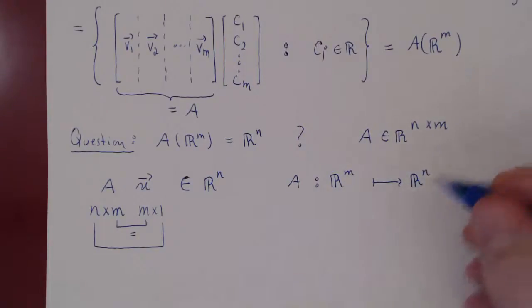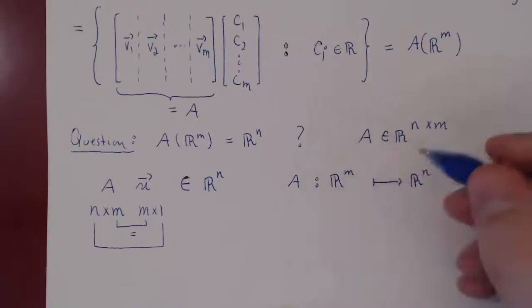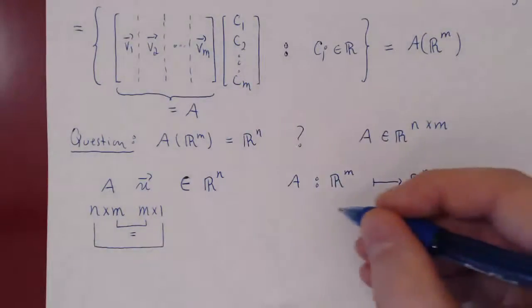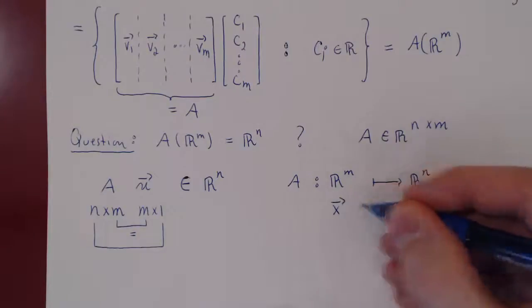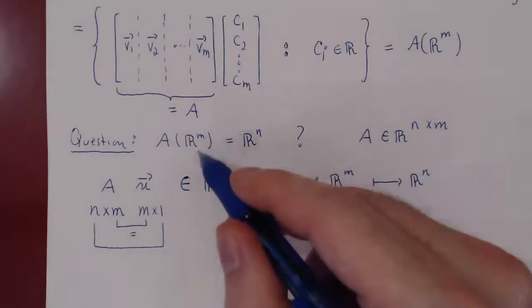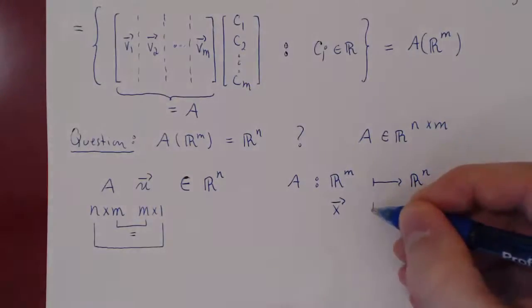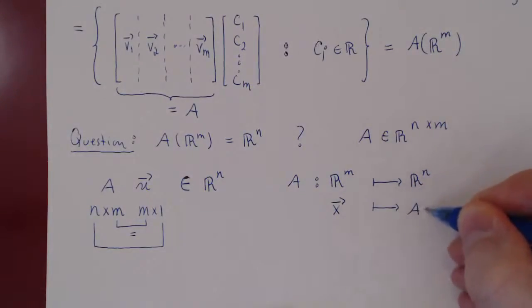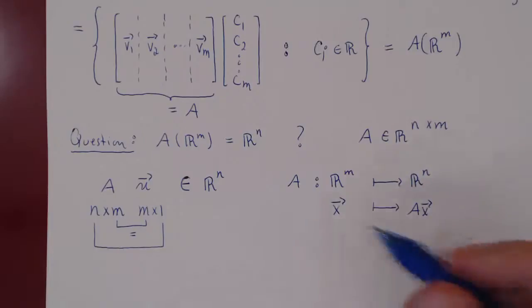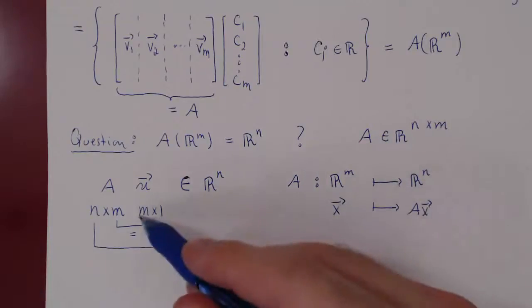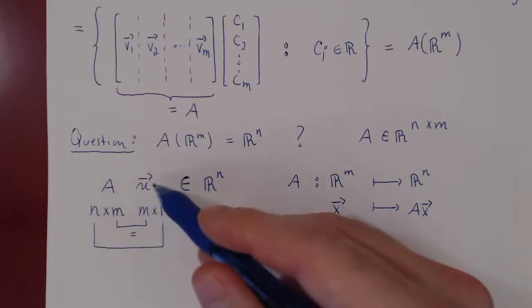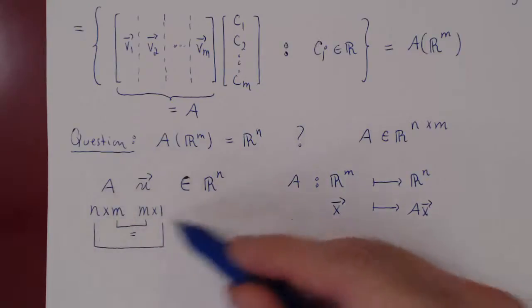And we're saying quite simply, if you take every possible vector in Rm, say x, and you multiply the vector by A, you get a vector in Rn. So send the vector x to Ax. And as we have just proved, if you take a vector in Rm, multiply the vector by A, the result is a vector in Rn.